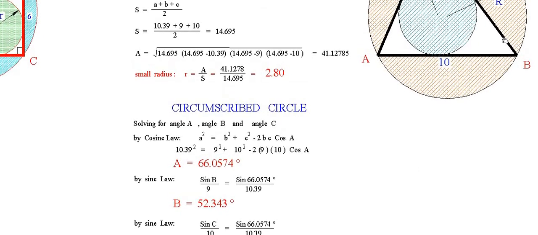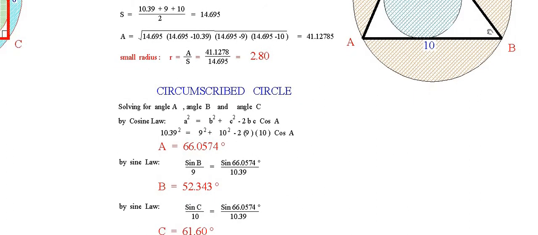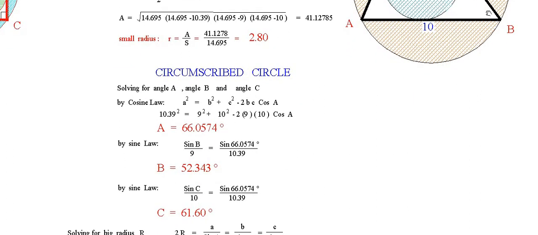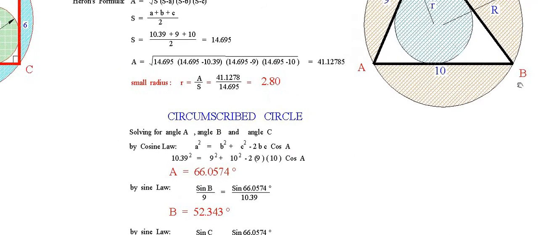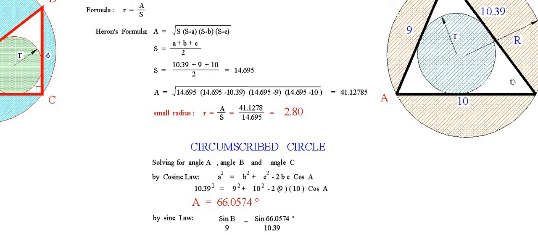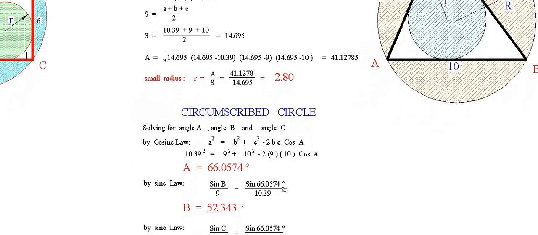For angle B, sin B over 9 is equal to sin 66.057 over 10.39, sine law.